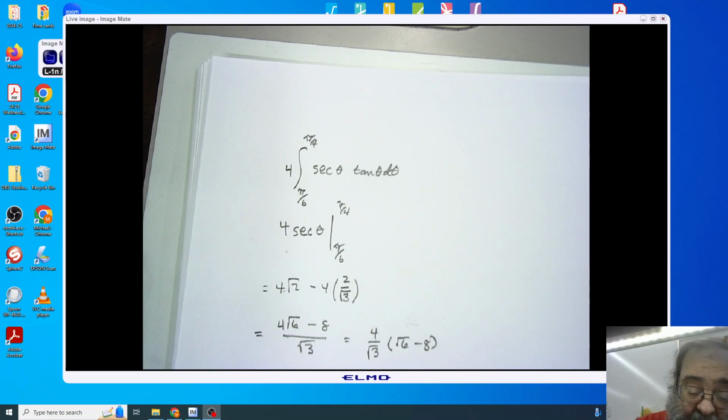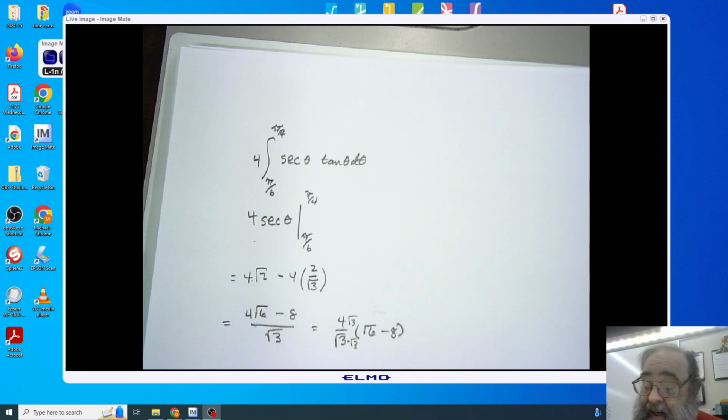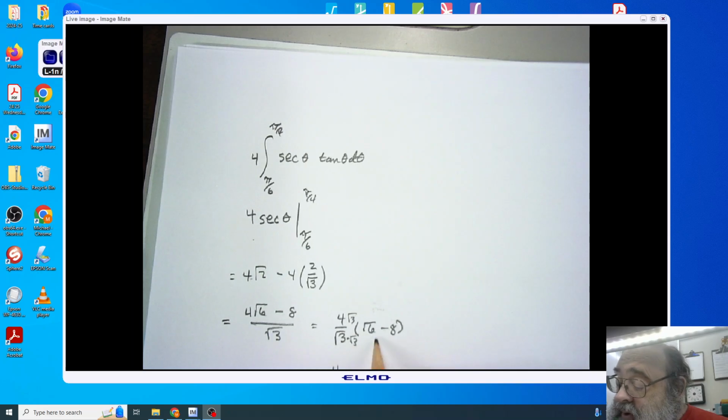Now I could rationalize. That is always a possibility. And if I rationalize, that means I'm multiplying by root 3 over root 3. I suppose I could then get a new answer, which would be 4/3, and distributing the root 3 in, I would get 3 root 2 minus root 6, and I believe that would be what I'd have.